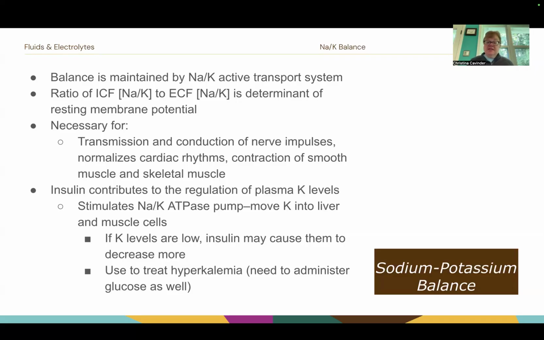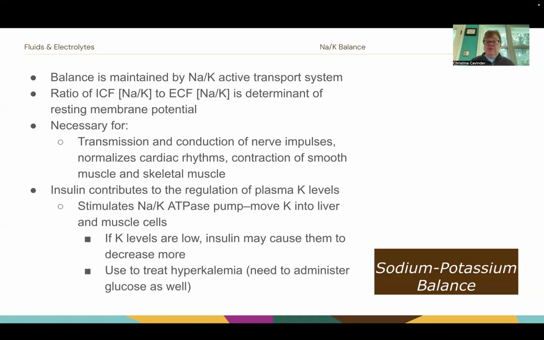This is necessary for transmission and conduction of nerve impulses. The video will show you that with the brain. It normalizes the cardiac rhythm, which is also in the video, and contraction of smooth muscle and skeletal muscle. So all of this movement of electrolytes requires energy, ATP, and it is essential for the work of all of your organs.